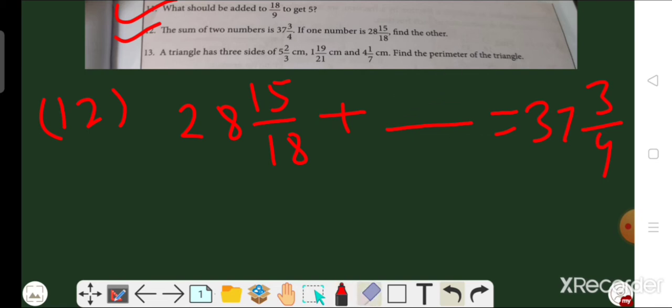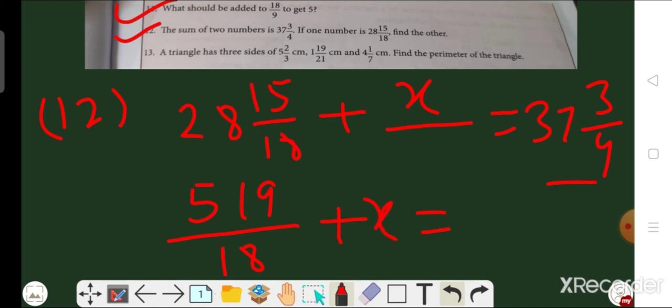Okay. So same like the 11th question, let us suppose the required number is x. Now we will solve the mixed fractions. The solution of 28 raised 15 by 18 is equal to 519 by 18 plus x is equal to 151 by 4, by converting the mixed fraction into improper fraction.